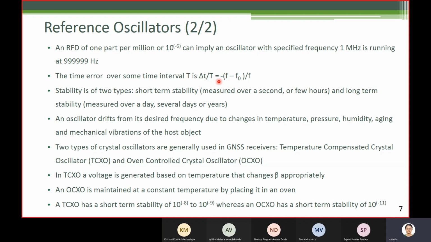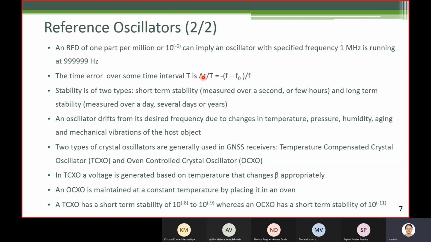We will not do that again. In case you are not sure how it can be derived, you need to refer to the lecture note. I think sometime in January, when we talked about the overview of GNSS for the project purposes, we discussed the relationship between time error and frequency error, and I proved this equation.